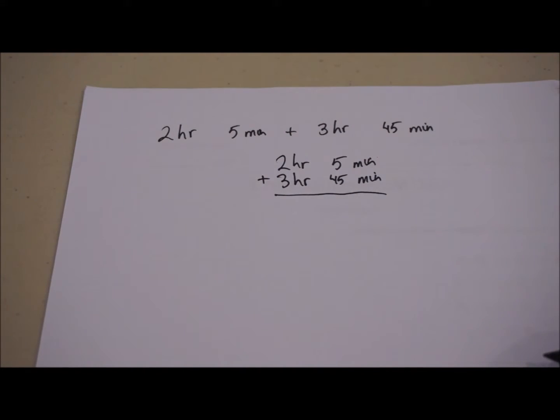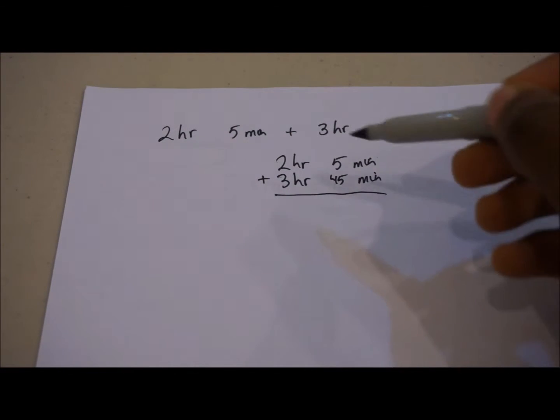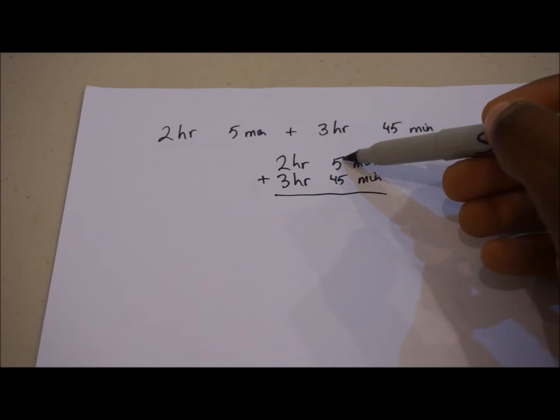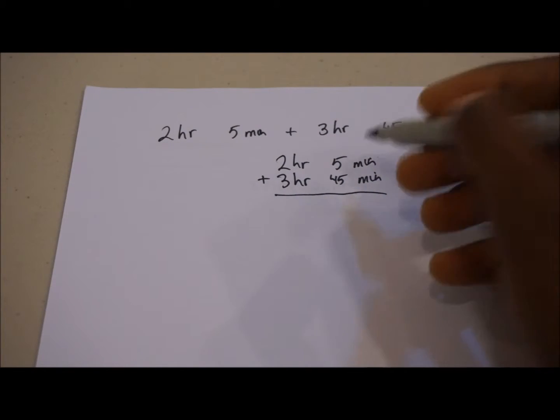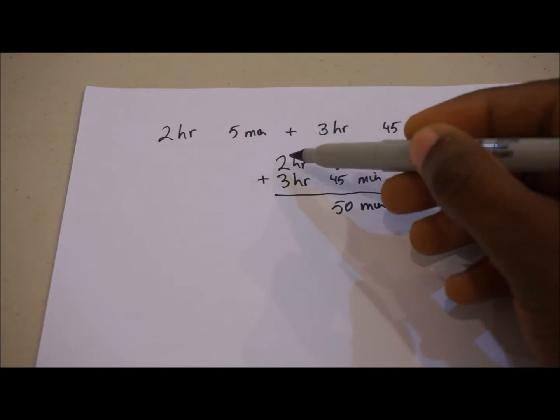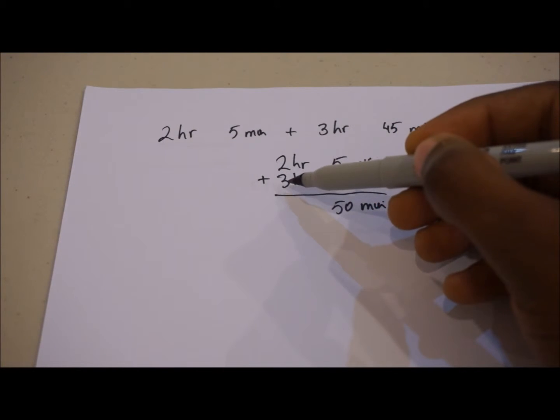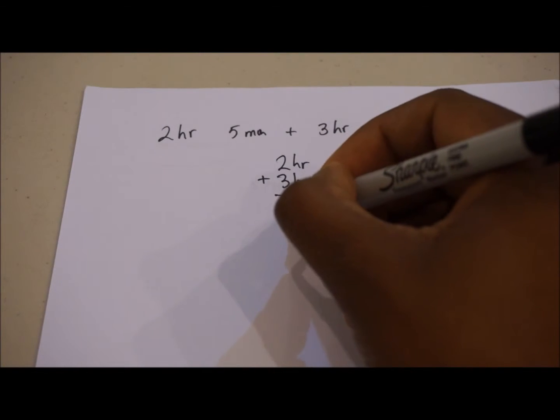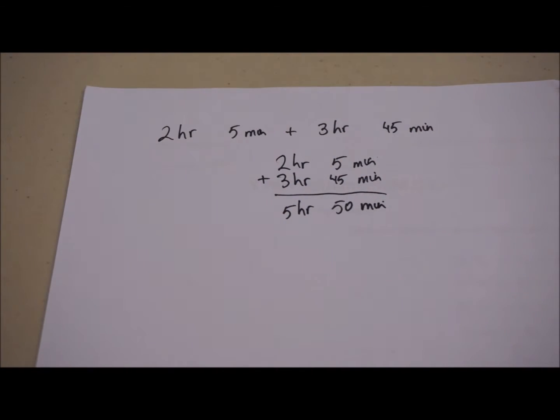And I go ahead and I add. If I add 5 minutes to 45 minutes, I get 50 minutes. And when I add 2 hours and 3 hours, I get 5 hours.